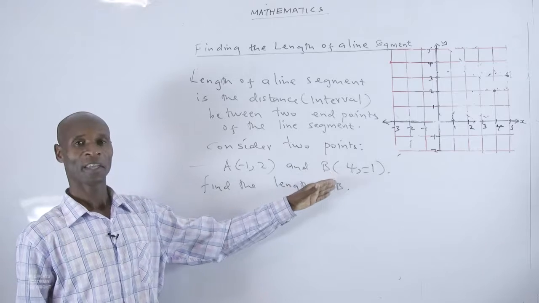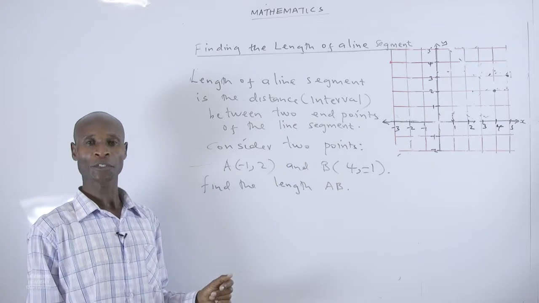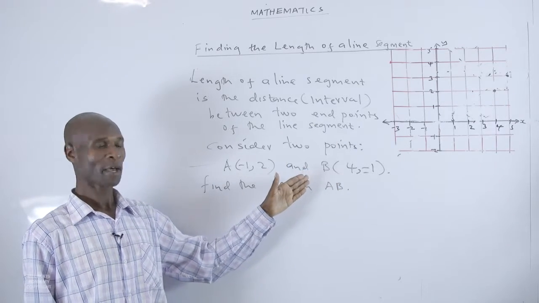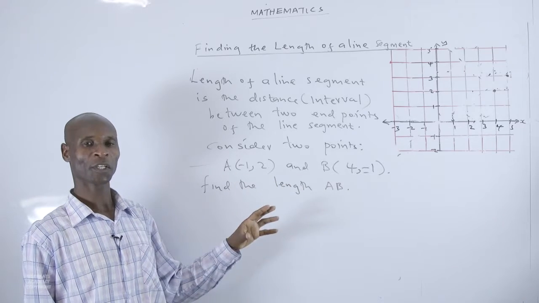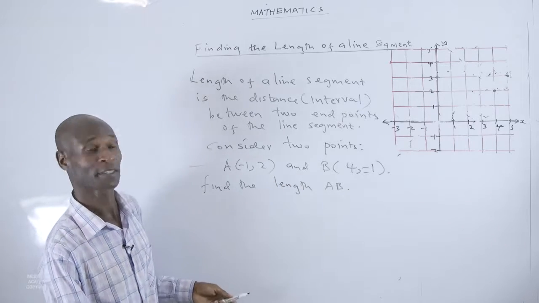To start with, let us try to plot the 2 points and identify the horizontal and vertical distances.